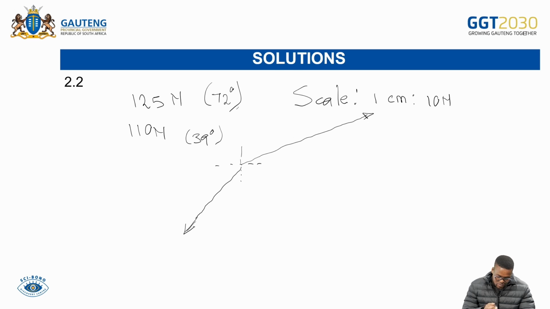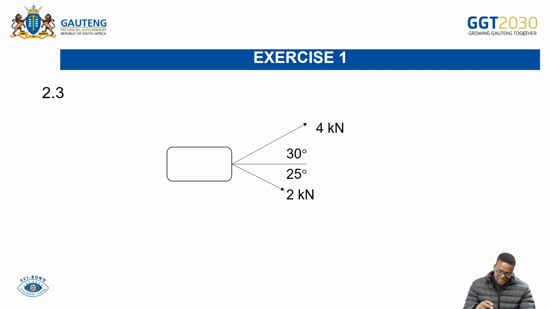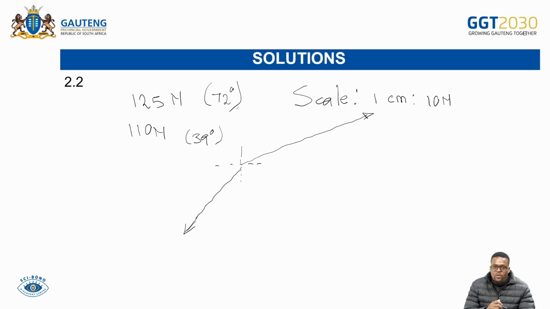So this will give you 110 newtons if you are using a ruler, right? Okay, so now this 39 degrees, remember, it's just the angle. This 39 degrees is the angle from this line up until here, right? Don't forget that.